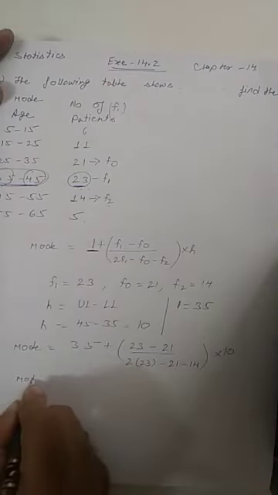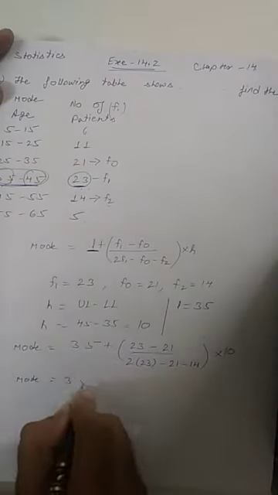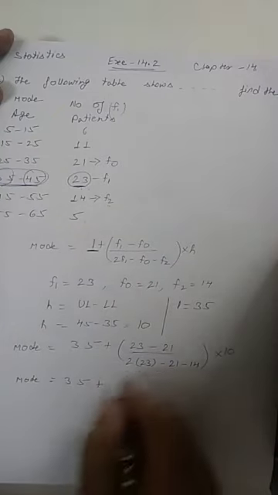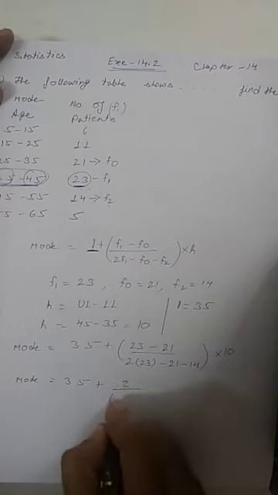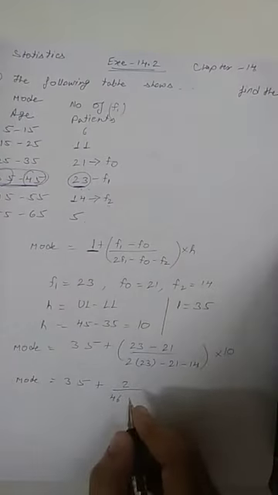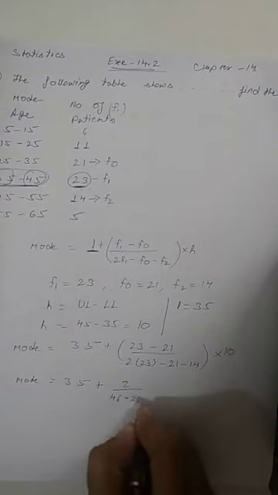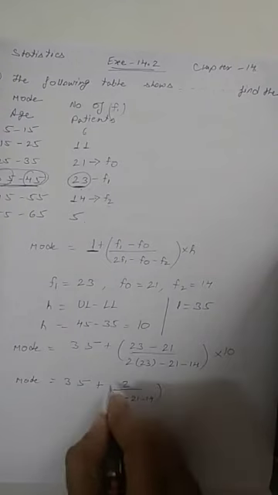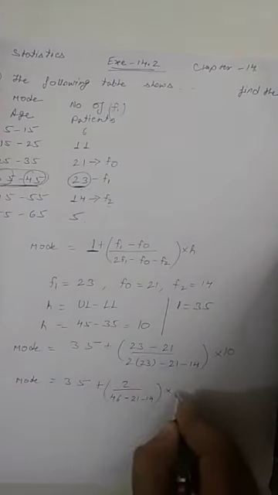Now mode is equal to 35 plus (23 minus 21), that is 2, upon (2 into 23, we get 46, minus 21 minus 14), into 10.